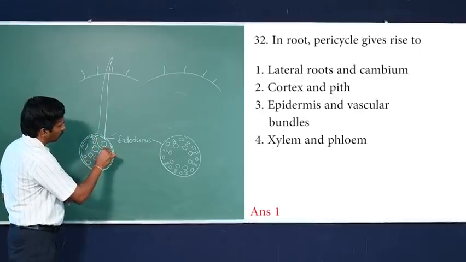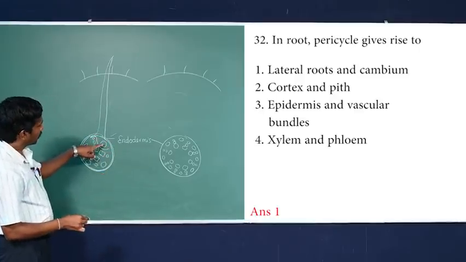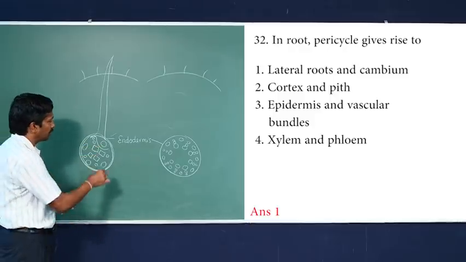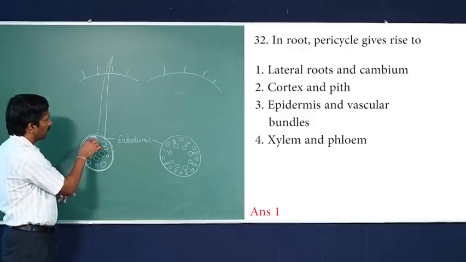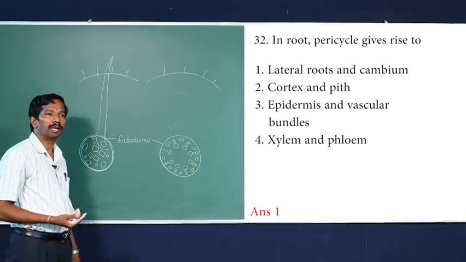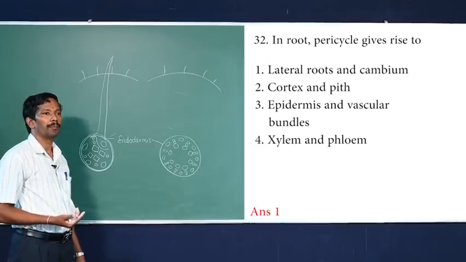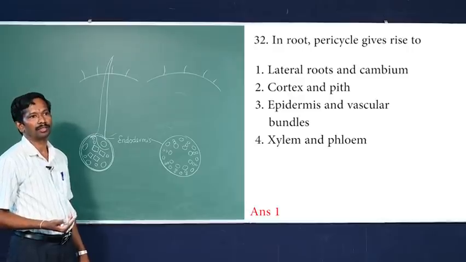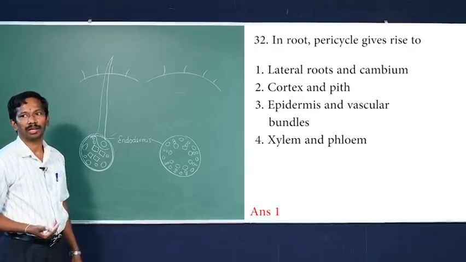Inner to phloem you can find conjunctive tissue, which is also responsible for formation of cambium. So cambium and lateral roots. Answer 1 for question number 32, lateral roots as well as cambium when compared to the other 3 options.